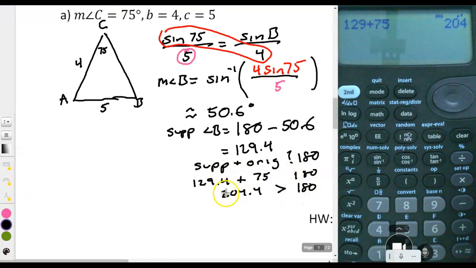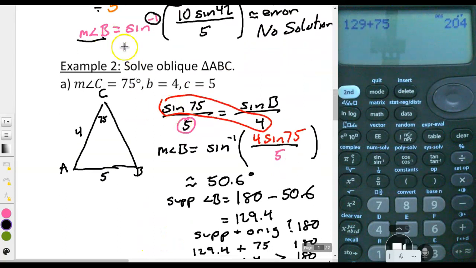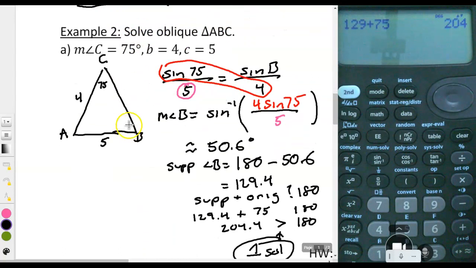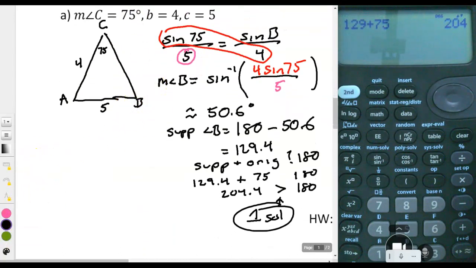So this particular one showed up to be greater than 180, so one solution. And now you're not finished though. This one is a solving, so solve for the rest as well. But we got, this is again the measure of angle B. That's what this is right here. So I got that much right there.